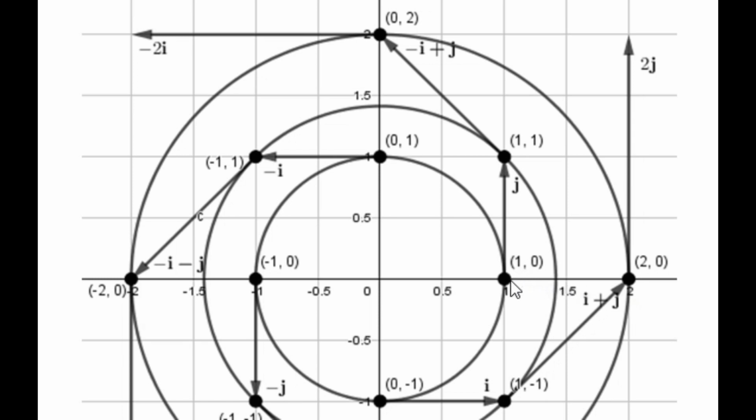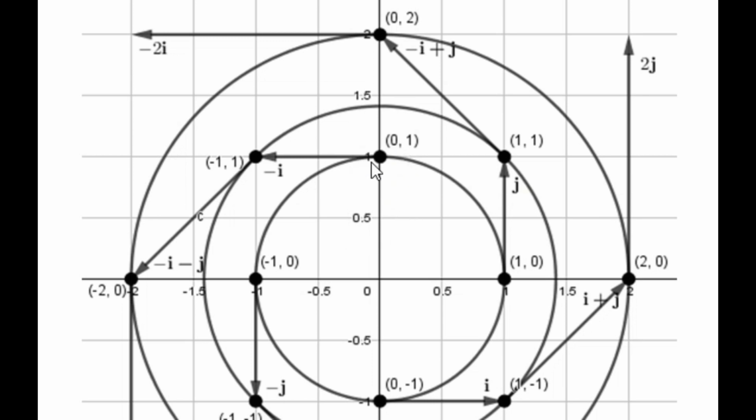Here we have a circle having radius 1, and we consider the point (1, 0). There we have already noted that F of (1, 0) is the vector j. The j vector means we draw a vector parallel to the positive direction of the y-axis, and this vector has magnitude 1.